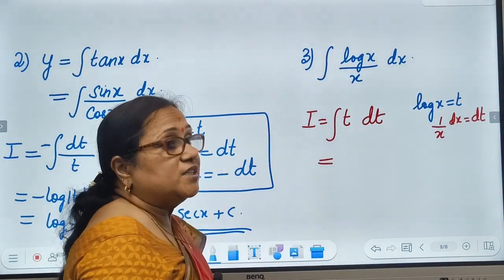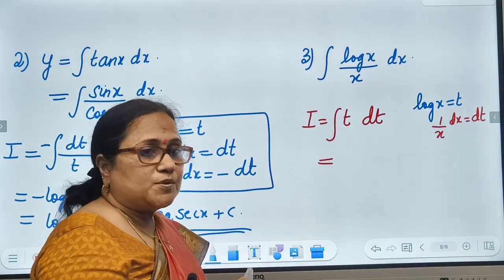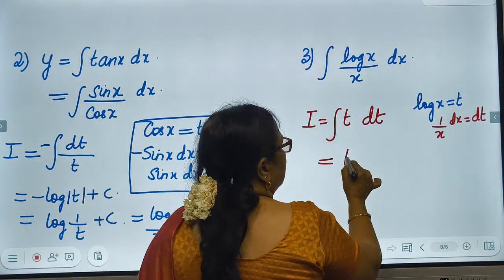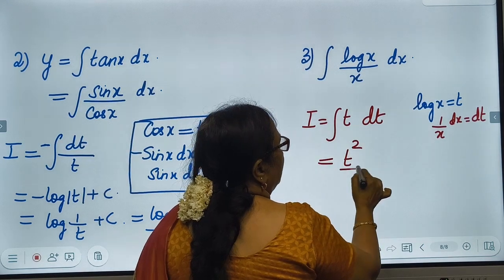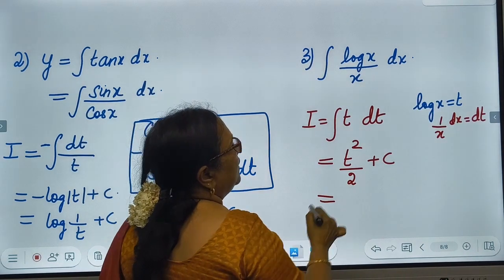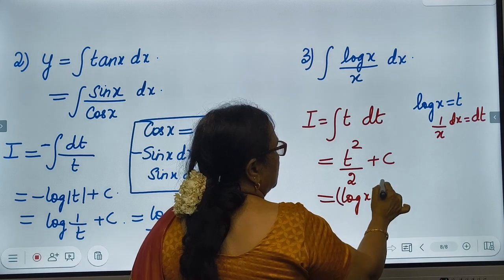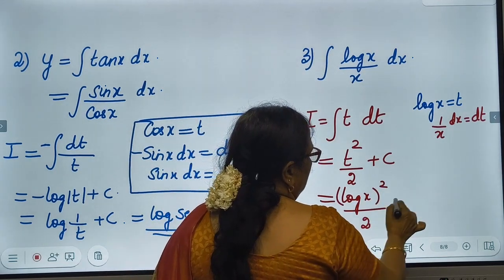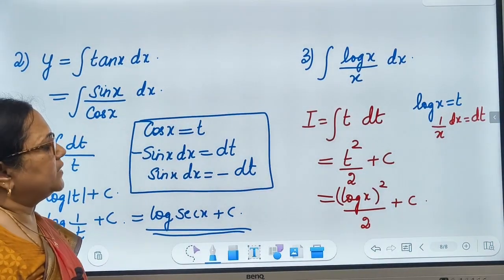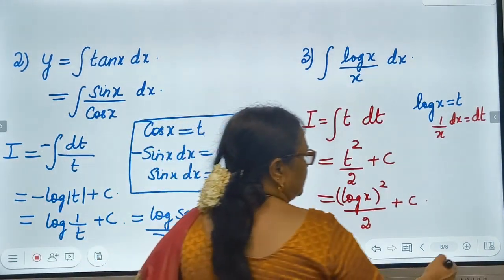Now the integral of t is t square by 2. The integral of x power n is x power n plus 1 by n plus 1. So the integral of t is t square by 2 plus c. What is t? Log x. So it is log x the whole square by 2 plus c. So the integral of log x by x is log x the whole square by 2 plus c.